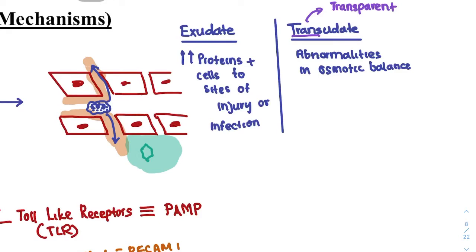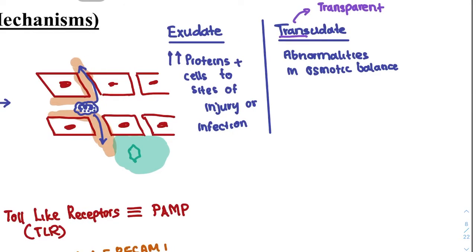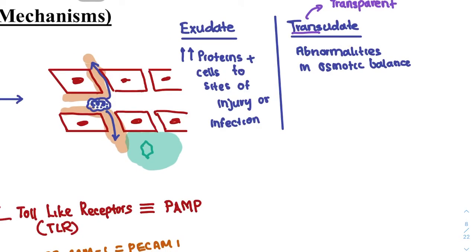Now what do you mean by this? If you remember, I told you that water can leak out of a cell. Also, I told you that whenever sodium goes somewhere, water also goes behind that. So remember, transudate is due to abnormalities in osmotic balance, while exudate is due to an increase in proteins and cells. It's usually an inflammatory reaction due to an infection.